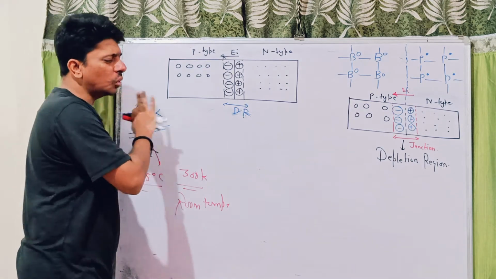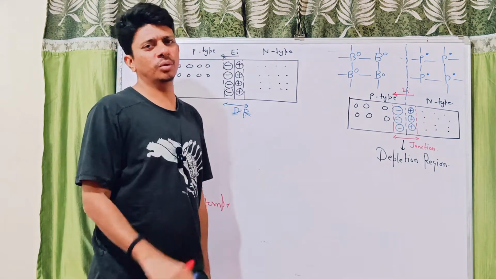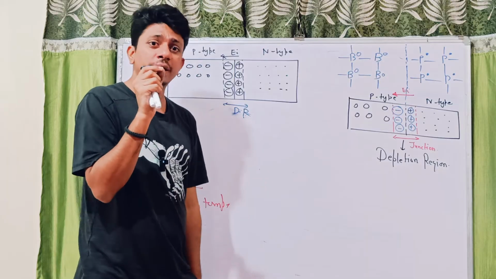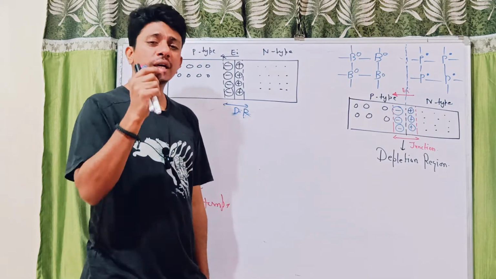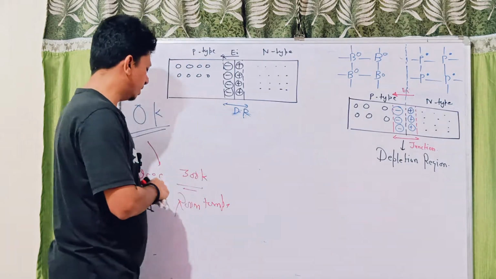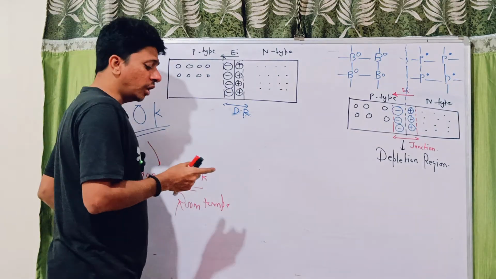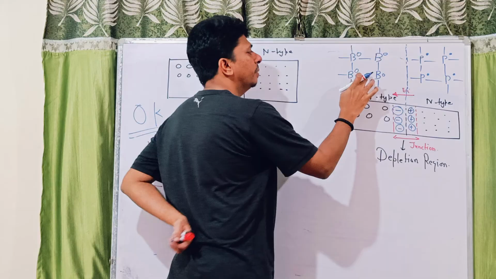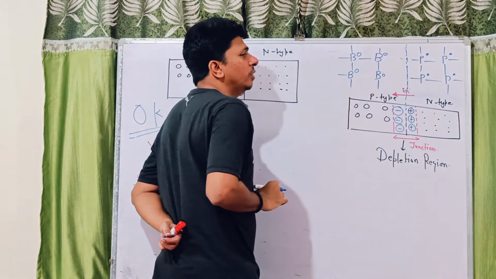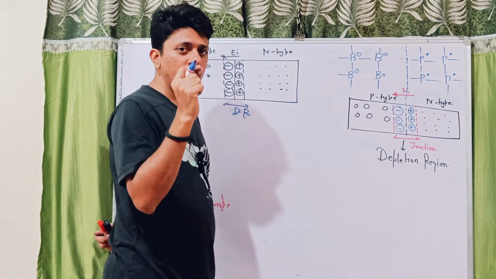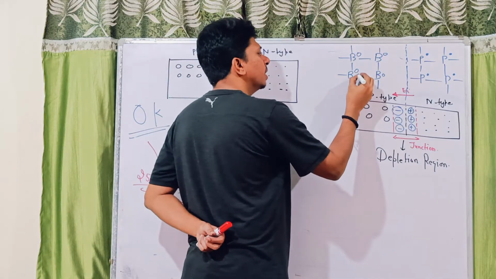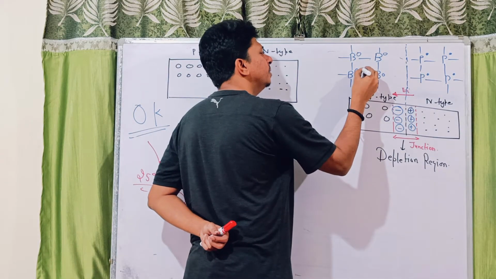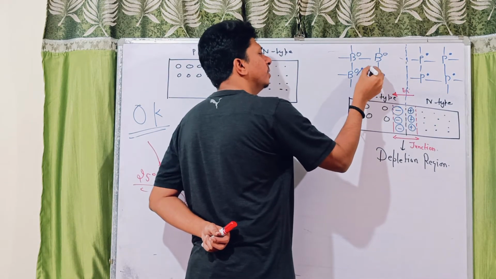That means out of so many, millions of covalent bonds, a few weak covalent bonds get broken because of this thermal energy. Now if a few covalent bonds get broken, what will happen? One covalent bond involves two electrons. So now this electron will get out, and this will be the electron, and this will be the hole.